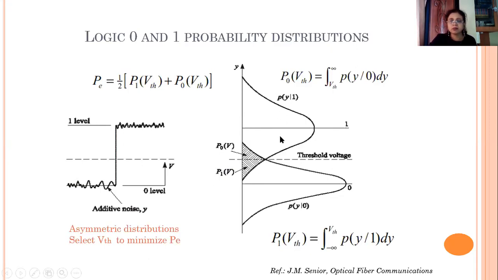If it is above the threshold voltage, obviously this will represent level 1, and if it is below the threshold level, that will represent bit 0, and hence this is how the signals are detected.